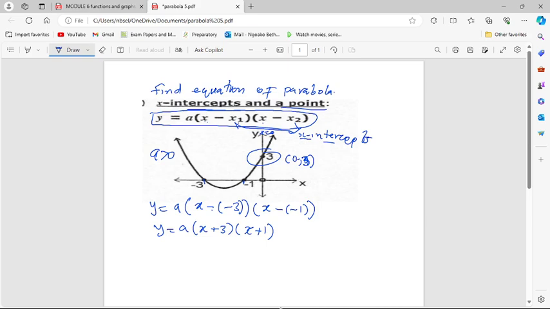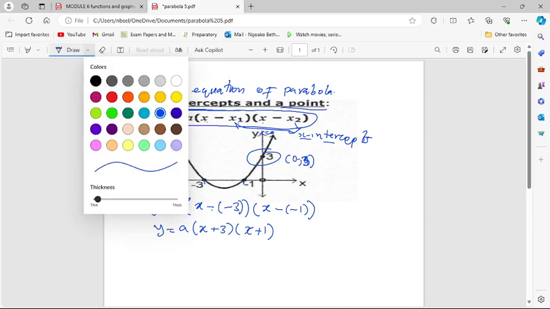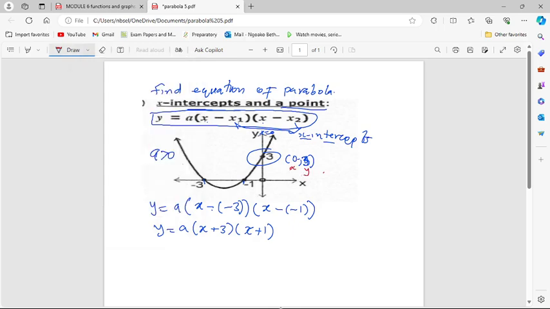Now let's substitute. We know this is x and this is y for this point, so x will take the value 0 and y will take the value 3.